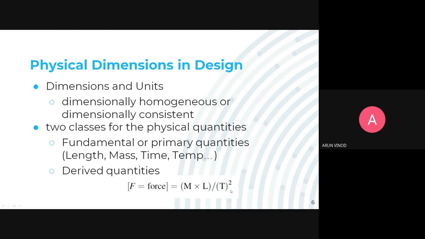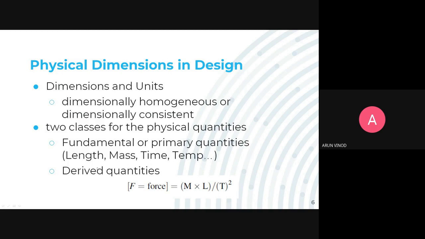So you are using m into L by T; that is the dimension of this particular force. You are converting that into the basic or primary quantities: length, mass, time, temperature, etc. These are the basic quantities, and you are converting that into derived quantities.